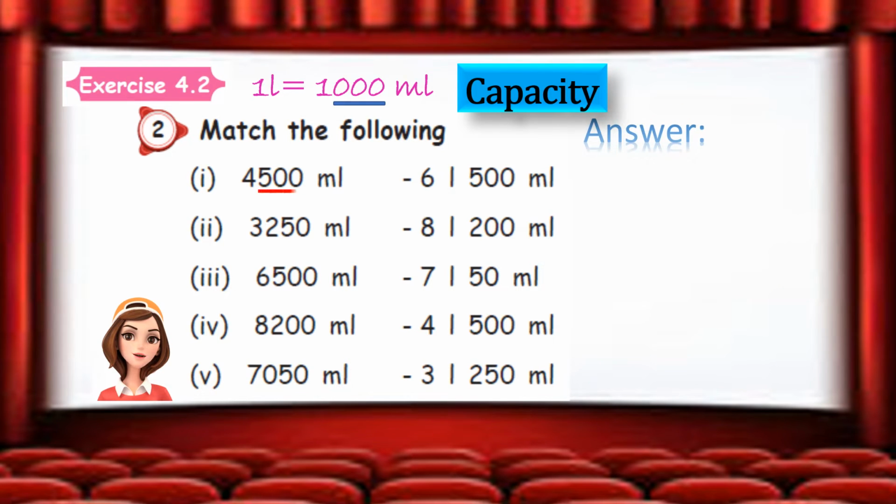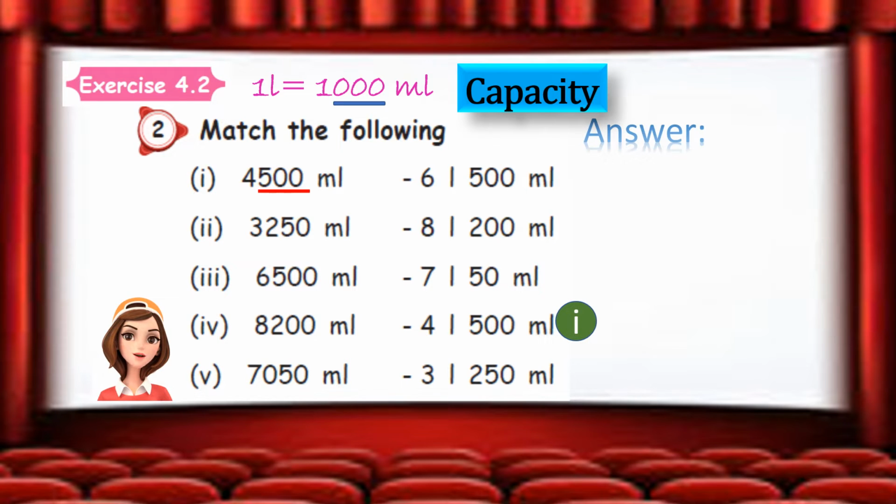First one, 4500. In this, the last 3 digits come under milliliter. So the remaining is 4. In 4500, 1000 comes 4 times. Clear? So 4 is the liter. Fine. So that is the first answer.